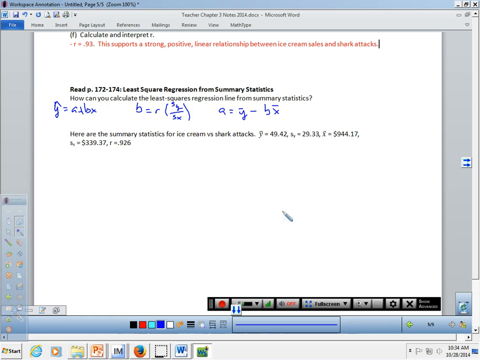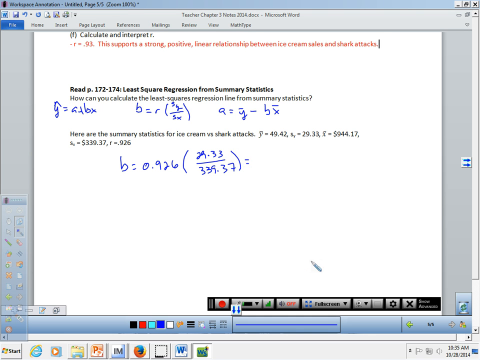Okay? So for the ice cream and shark attacks, we have all of that information here. If we didn't, we had the 0.93 from our regression analysis. We could go in and do a one variable stat on our list 1 and list 2 and get these means and standard deviations. It's not that tough. So to calculate this by hand, I've got to find the slope. I've got to take 0.926, multiply it by 29.33 divided by 339.37.